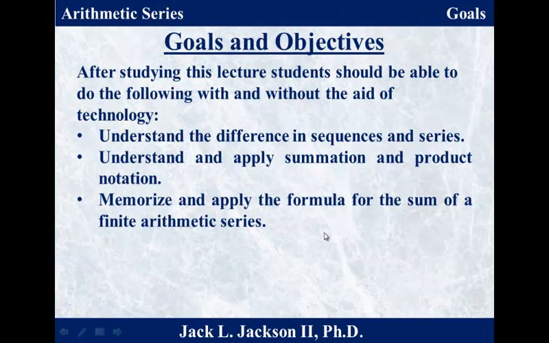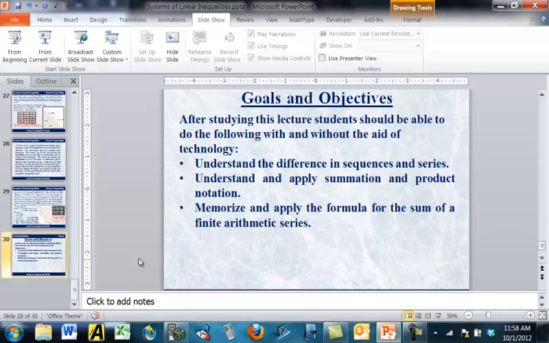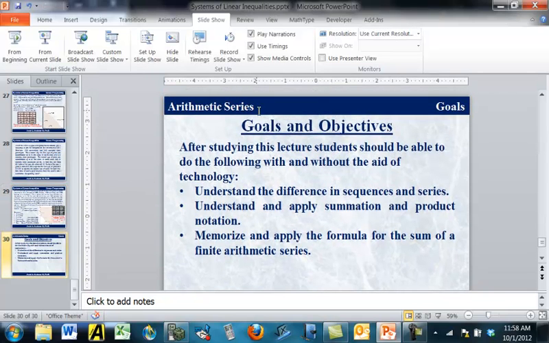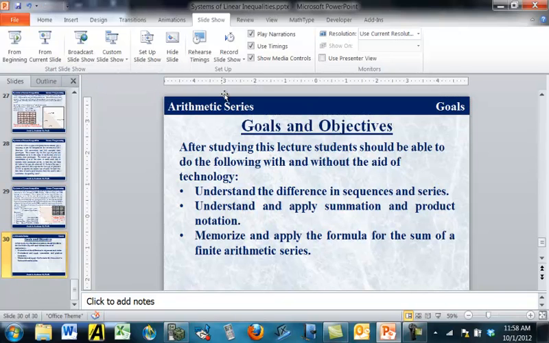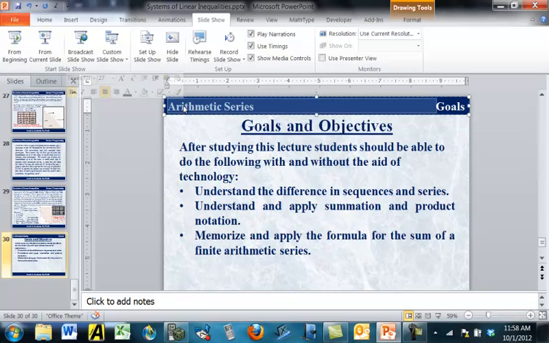So, what should you be able to do? Understand the difference. I didn't finish this. This is still from another thing. Okay, this should be now for these goals for systems of linear inequalities.